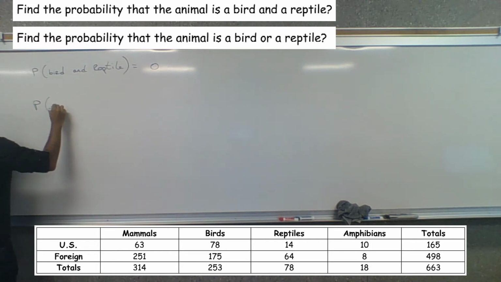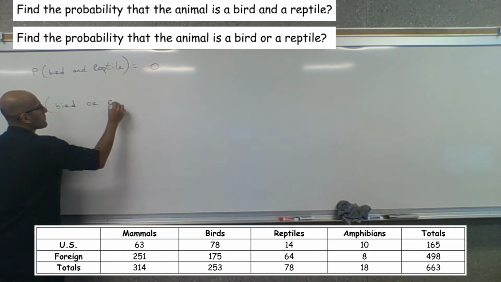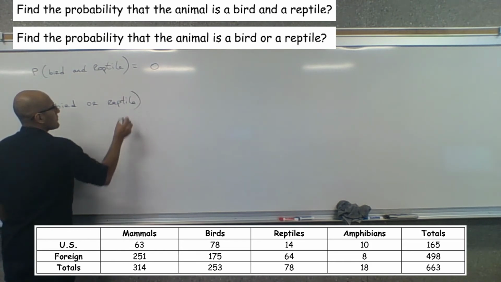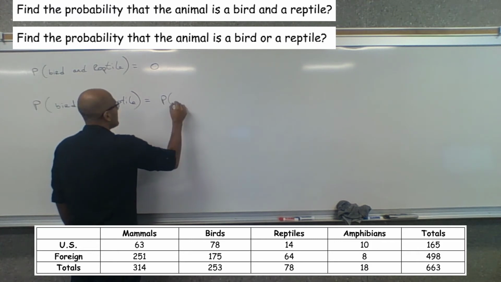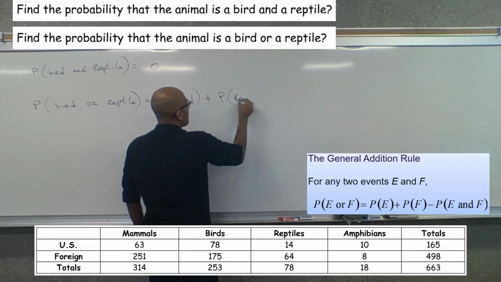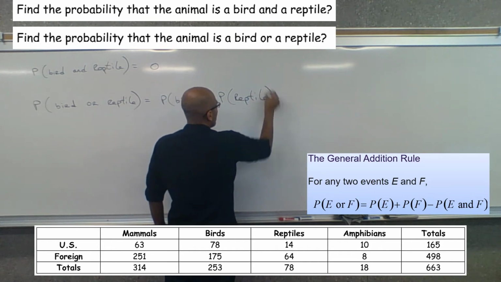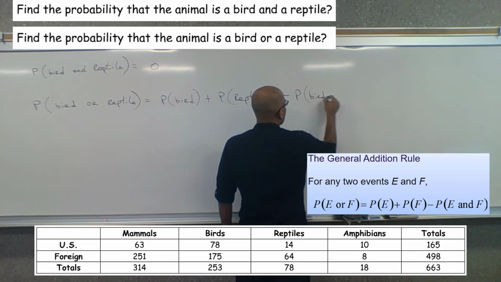Okay. So what about the probability that it's a bird or a reptile? Well, by using our formula, we know that this is equal to the probability that it's a bird plus the probability that it's a reptile minus the probability that it's a bird and a reptile.